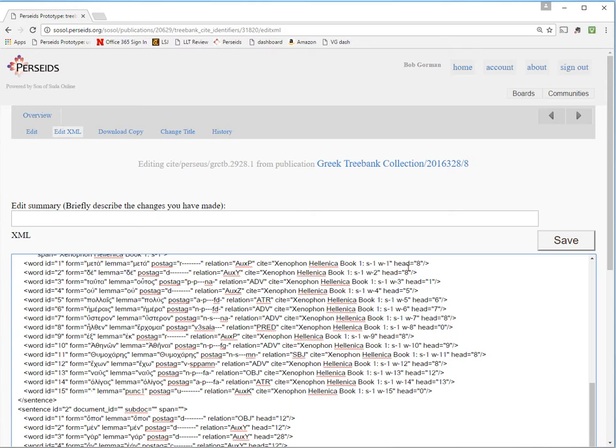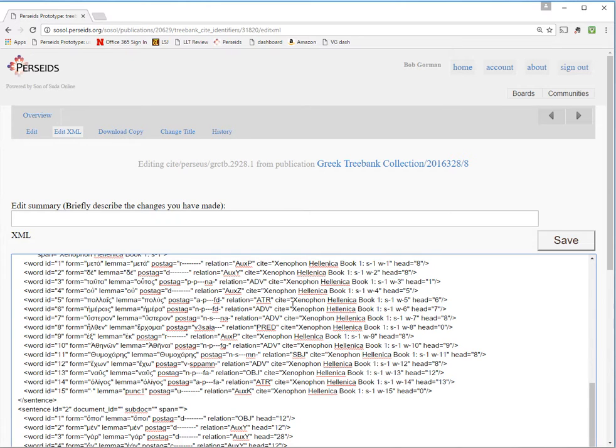And then we have head. Head means what word is this particular word dependent on. In our syntax tree, what word does this particular word hang from, to use the jargon of the classroom. So these first two words, for example, hang from word number 8, which is elthon, the main verb of the sentence, and so forth.